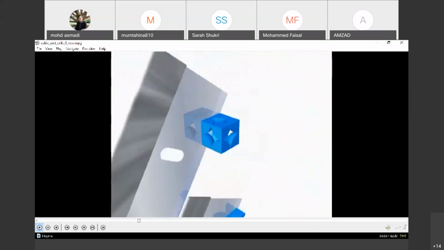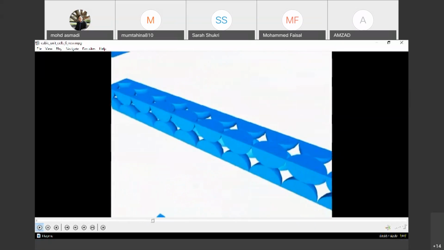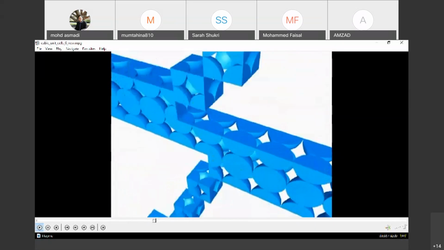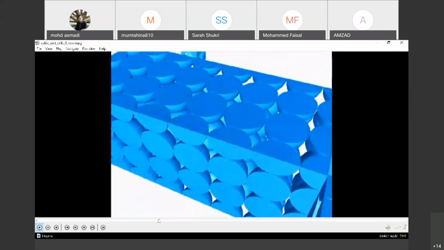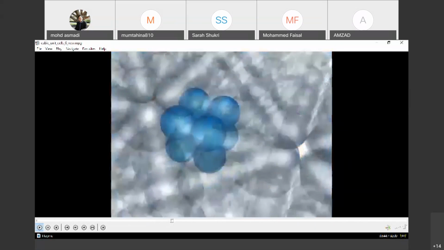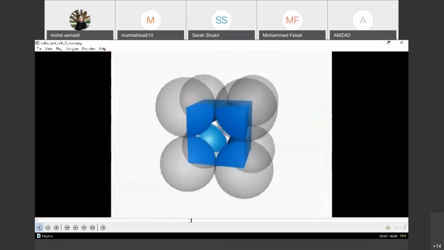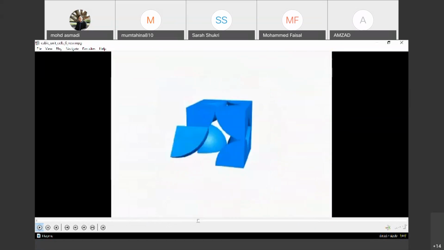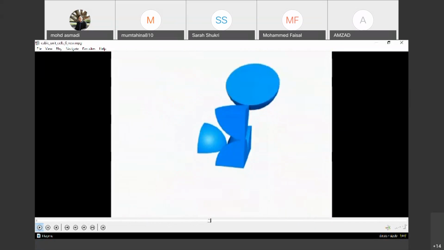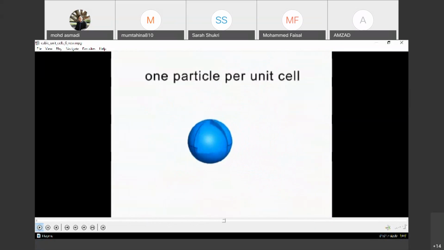See, 1/8 at the corner. When you arrange the unit cell, the corner is equal to 1/8, and then you rearrange again. So it equals one atom, one particle per unit cell.